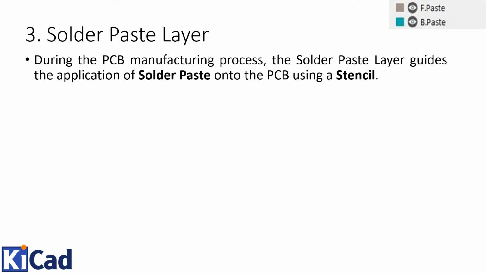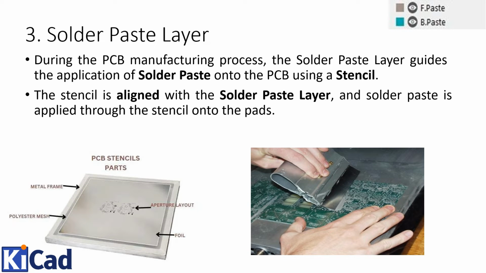During the PCB manufacturing process, the solder paste layer guides the application of solder paste onto the PCB using a stencil. The stencil is aligned with the solder paste layer, and solder paste is applied through the stencil onto the pad. So the solder paste layer is also called a stencil layer because it will specify where you want to apply the solder paste.